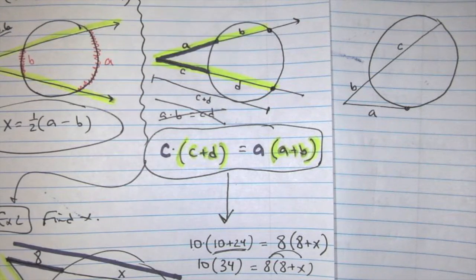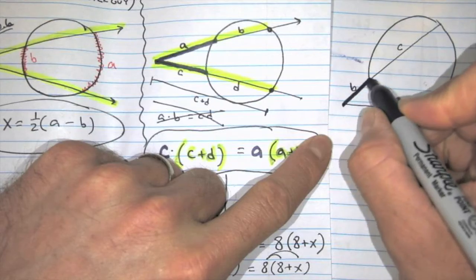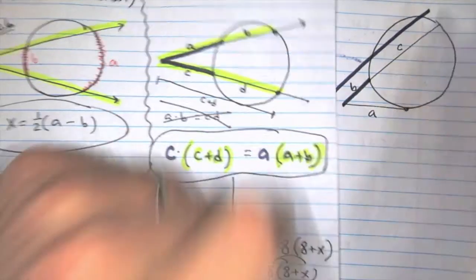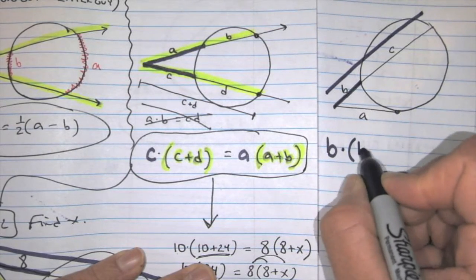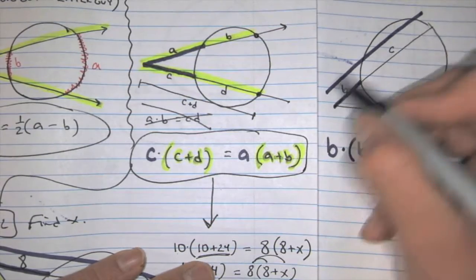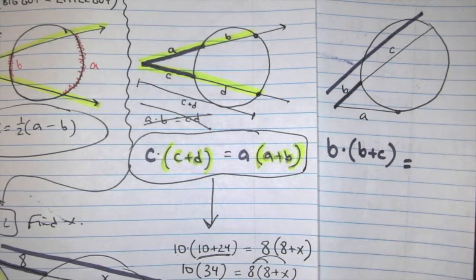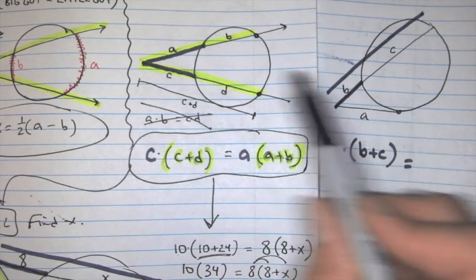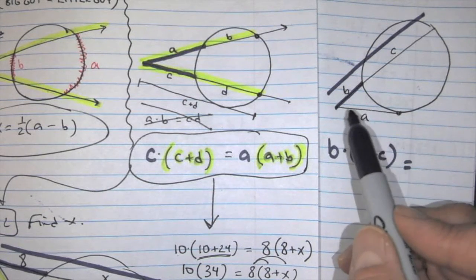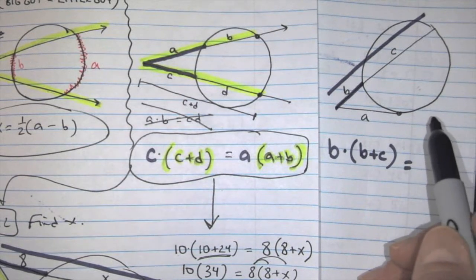Here we go. Here's a theorem, everybody. Where's my permanent marker? Here's a theorem. The outside piece times the entire thing. So B times the entire thing, which is B plus C, because you add these together, is equal to, well, now we kind of have a problem. Because these two are extremely similar. Notice how this has got an outside piece, but it doesn't go inside the circle because it's a tangent line.